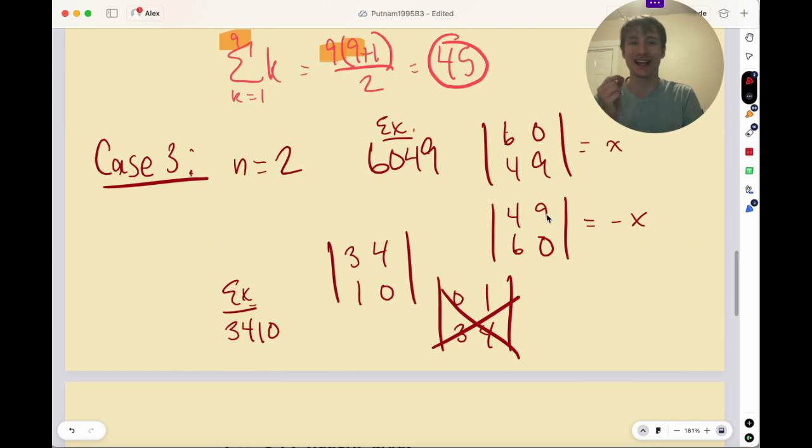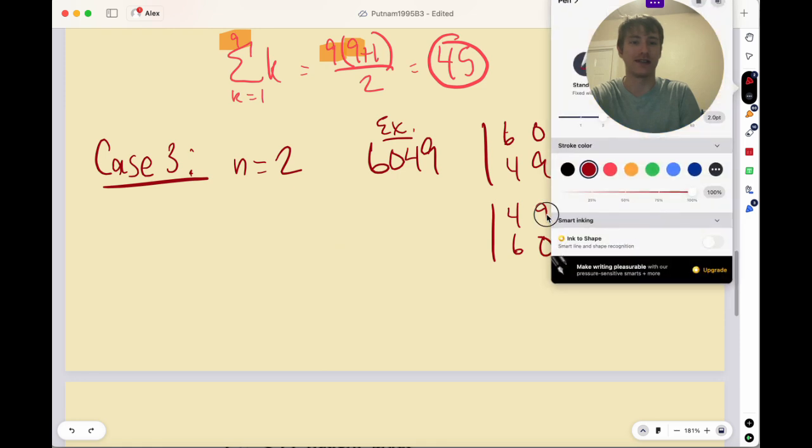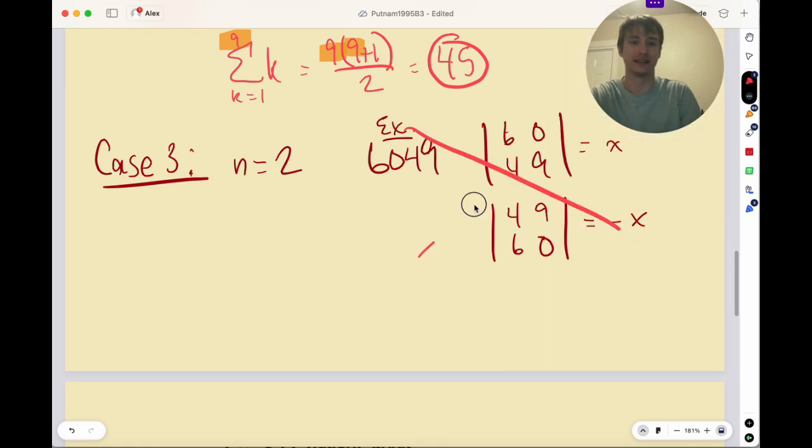Remember, we're not including anything that starts with 0. So you can't really pull the same game here because there's no guarantee that the lower right-hand number is non-zero. So unfortunately, you can't play the same game. So I'll just cancel this out.